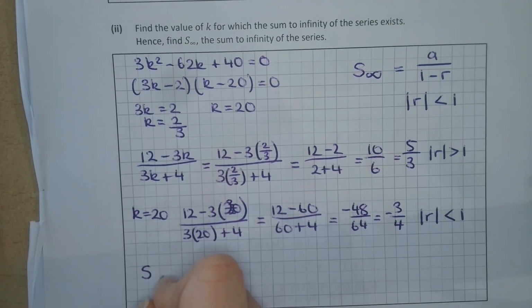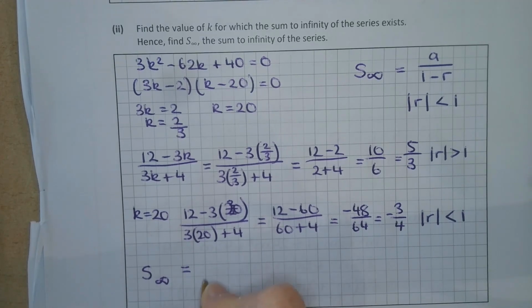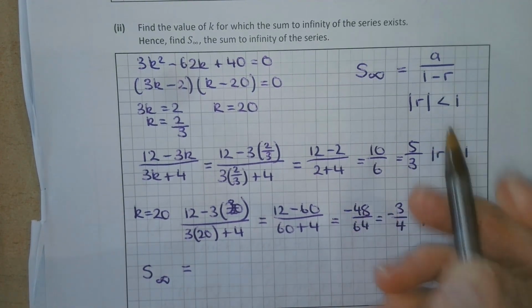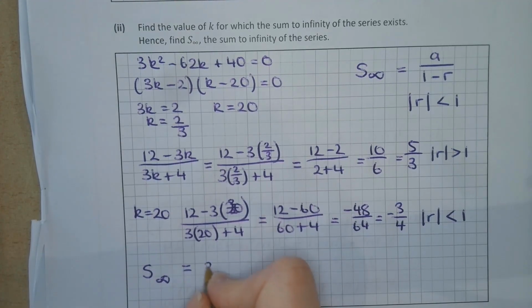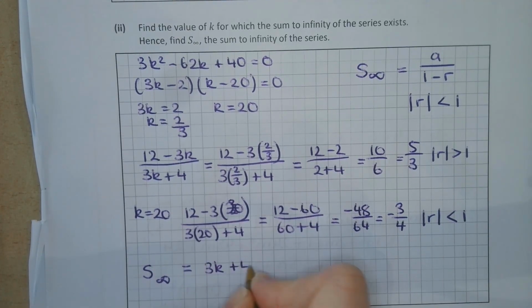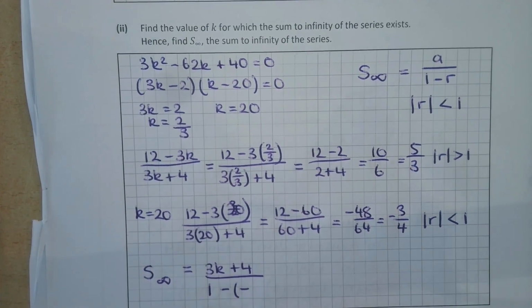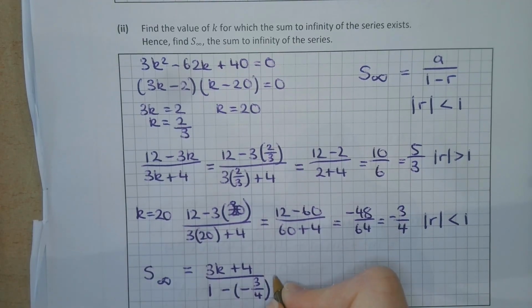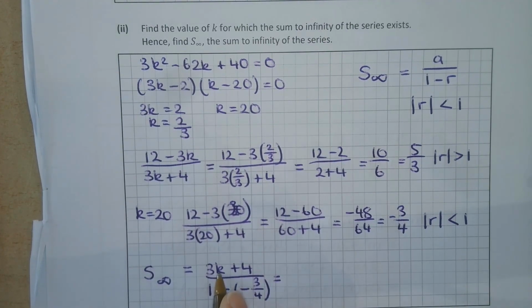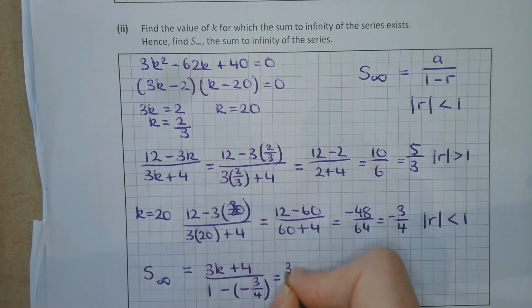So we fill into our sum to infinity formula. Our a is our first term, given to us in the question, that was 3k plus 4, over 1 minus r, and our r value that we just found is minus 3 over 4. And when we put that in, we're using our k value of 20, remember, as well.